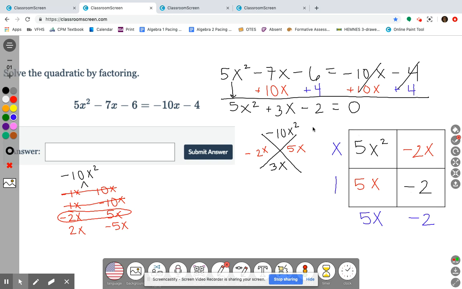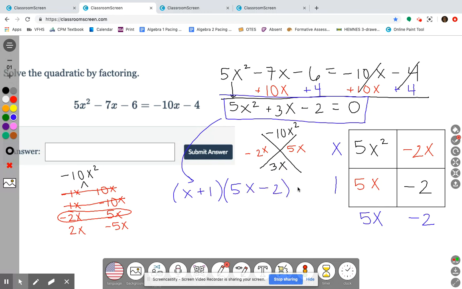So now we're able to take this trinomial that we were given and factor it as x plus 1, coming from this side of my generic rectangle, and then 5x minus 2 in the other set of parentheses, and it's still set equal to 0.